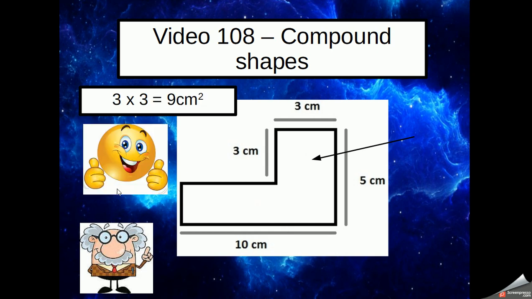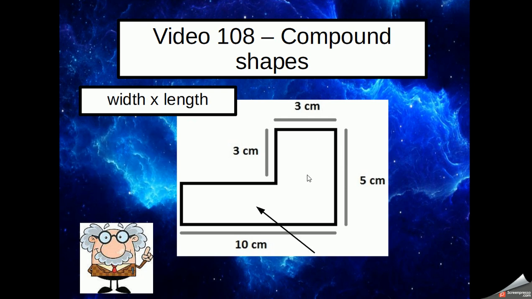Now with the square, it's fairly easy because we've been told that one of the sides is 3 centimeters and the other one is 3 as well. So all we have to do to work out the area of this part of the diagram is 3 times 3, which is 9. So the area of the square up in the top right is 9 centimeters squared.